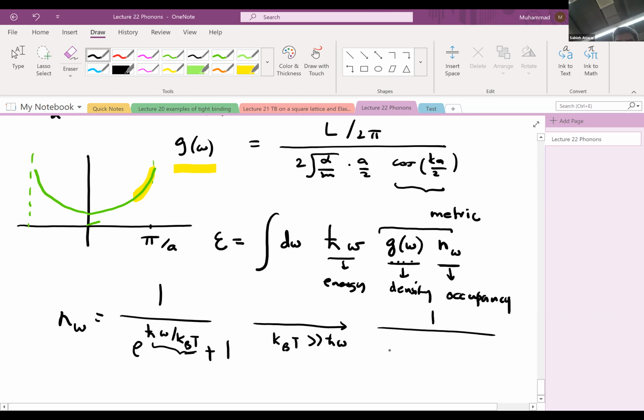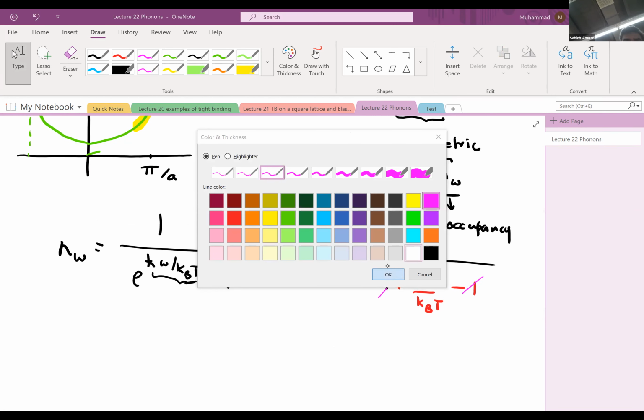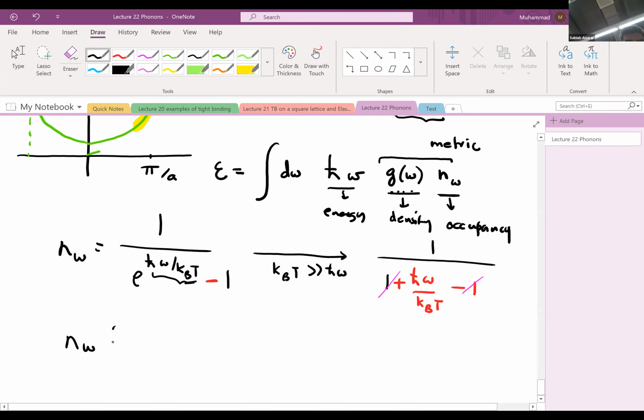So I can replace this exponent by 1 plus h bar omega over kBT, minus 1. So this 1 goes away, and I'm left with n omega in the high temperature limit given by kBT over h bar omega.